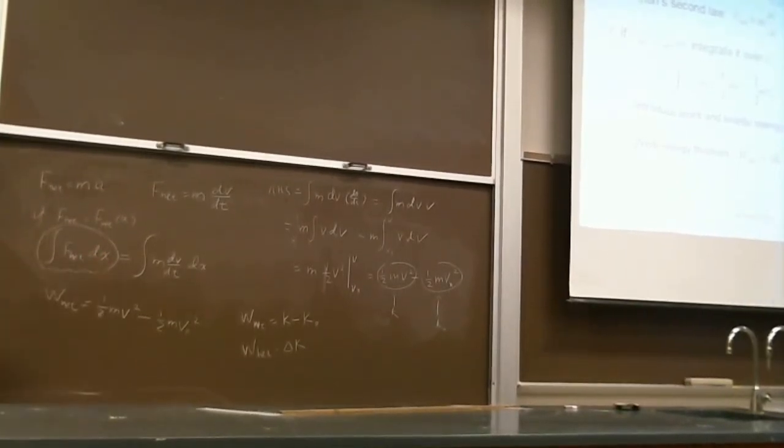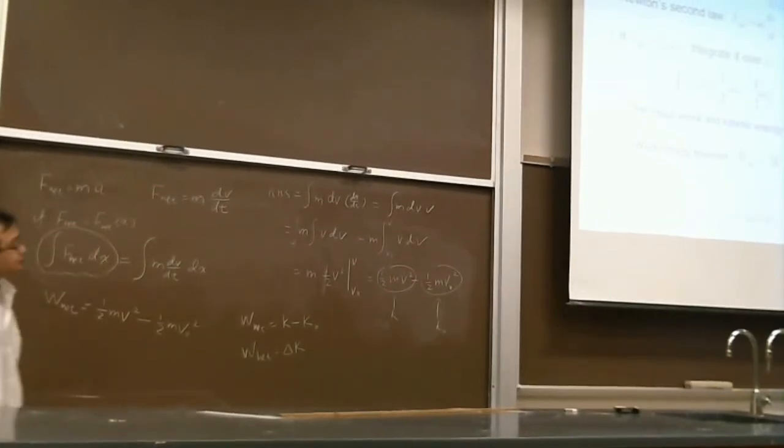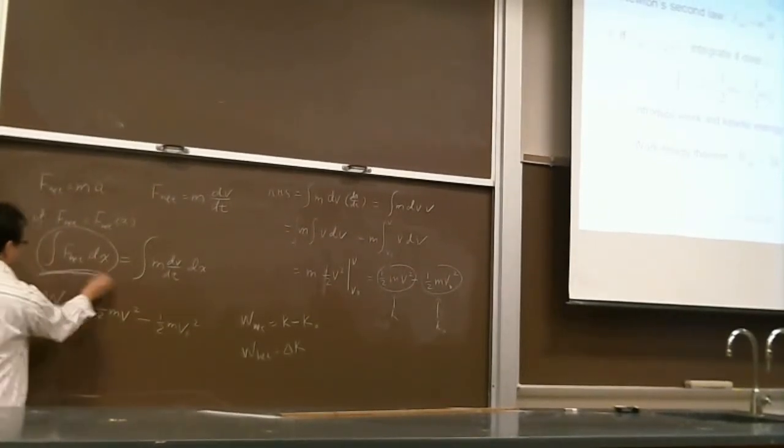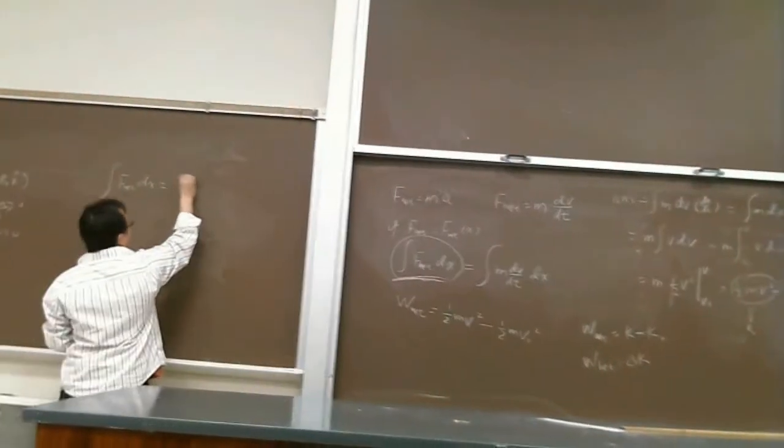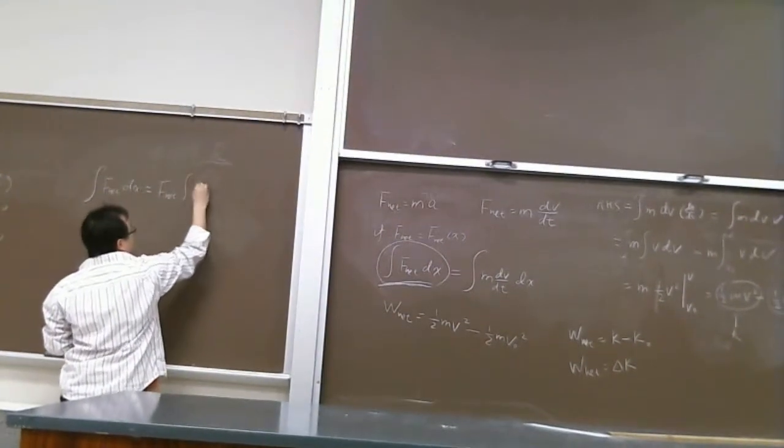Because of the integral here. Now, what I would like to say is that this probably doesn't really look like the work definition you have before, but in fact it's the same. If the force is constant, you can factor out F net, so you get F net times the integral of dx.